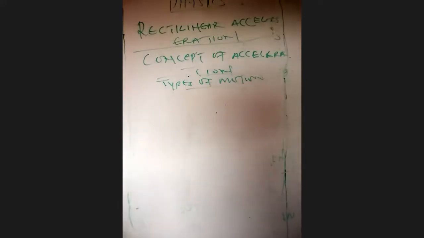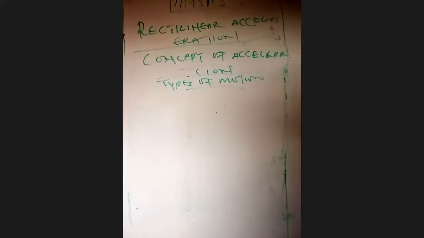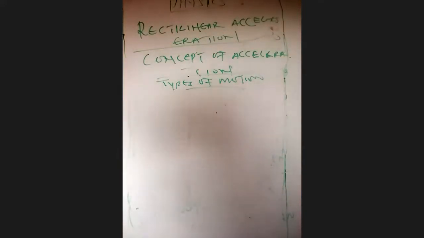For that reason we first talk about rectilinear motion. A rectilinear motion is the motion along a straight line.